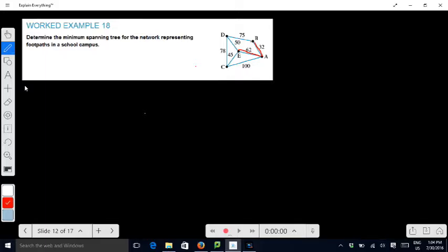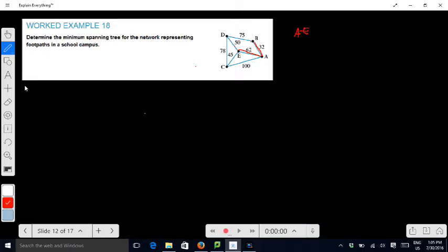So I actually want A to E. A to C, I don't want, because that's 100. So just from either of those vertices, I've got 100, 62, or 75. This one's the better option. So I actually want A to E.